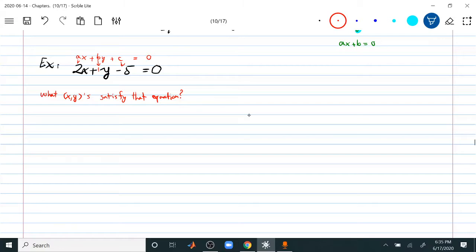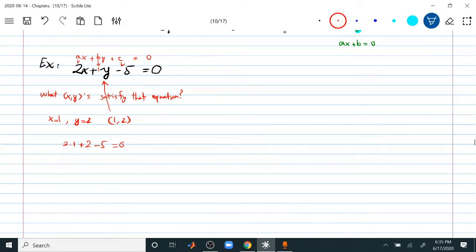That means, for example, if I pick x equal to 1 and y equal to 2, does that work? That means if I pick the point 1 and 2, does it work by replacing into this equation? So let's try it. 2 times 1 plus y, and y is given 2, minus 5 equal to 0.